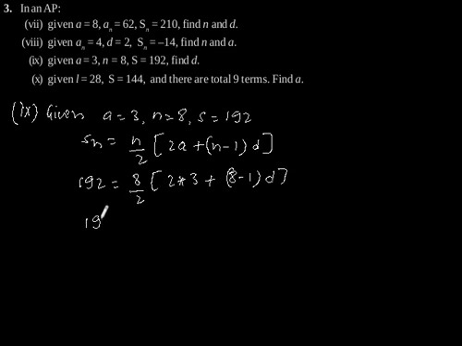This will give 192 is equal to 4 under bracket 6 plus 7d.